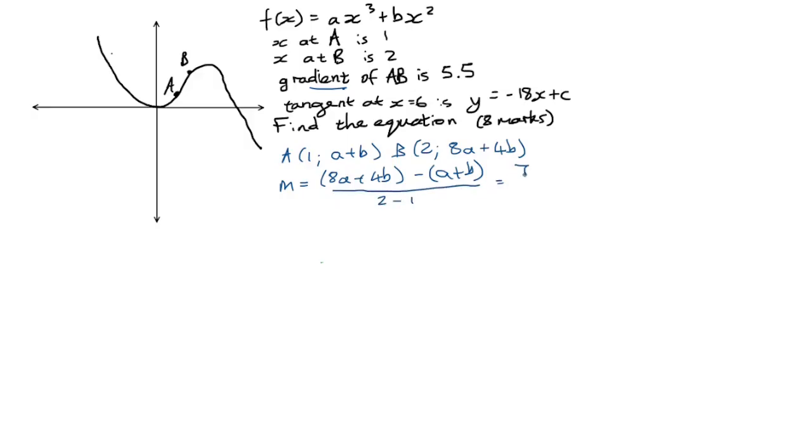And that leaves me with 7a plus 3b over 1, and that equals, they told us the gradient is 5.5. Just to simplify things and not live in the world of decimals, I'm going to times this whole equation by 2, which is perfectly legit.